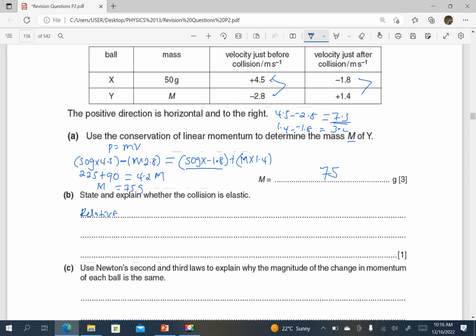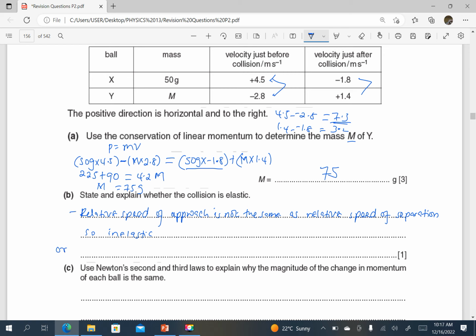Relative speed of approach is not the same as relative speed of separation, so the collision is inelastic.